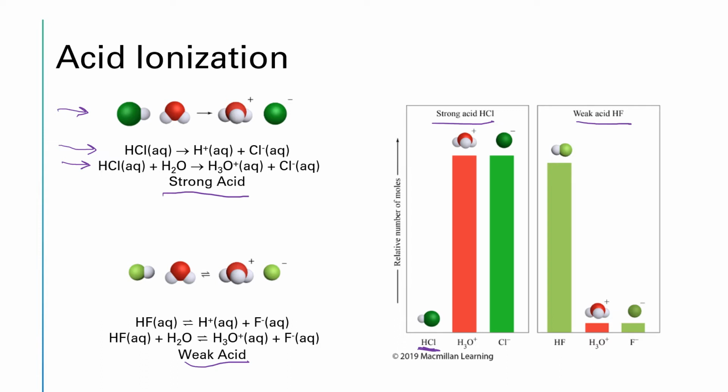So every little bit of what we have in that beaker will be H plus ions and Cl minus ions.